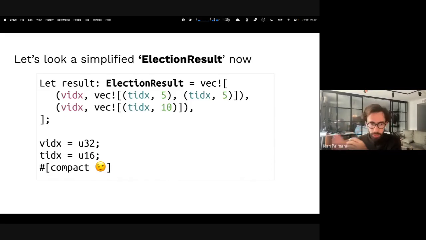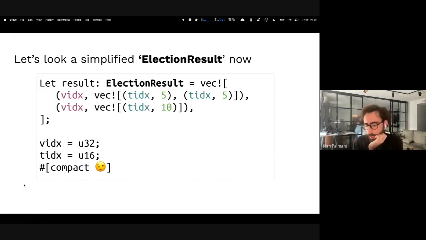And now it needs to be replaced with index 10. Where does that 10 come from? Where is the source of truth to then map 10 back to Alice? I'll get to it. But for now, we can just assume that we can map voters and targets to numeric indices. And then thanks to the SCALE codec's compact encoding, it can become fairly small.